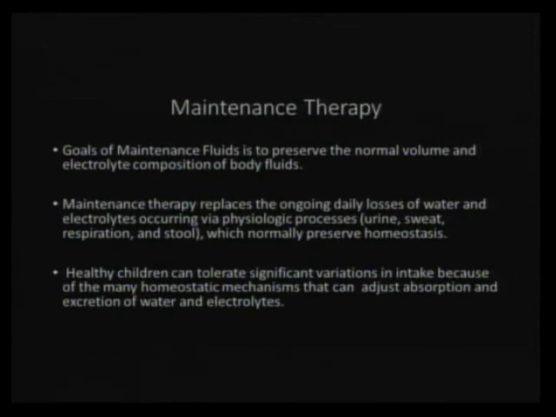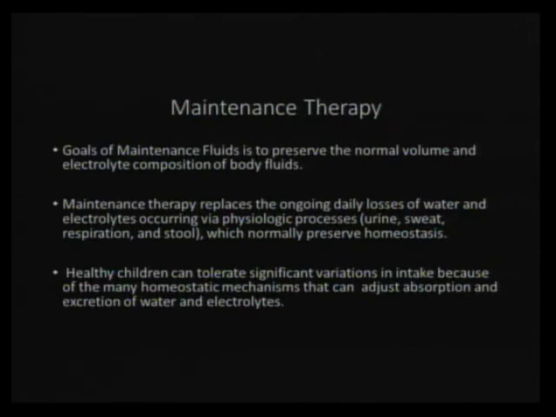It also provides a margin of safety so that normal homeostatic mechanisms can adjust urinary water losses to prevent overhydration and dehydration. Also remember that the calculated water and electrolyte needs that form the basis of maintenance therapy are not absolute requirements. They're instead meant to provide guidelines for a starting point to estimate intravenous therapy.